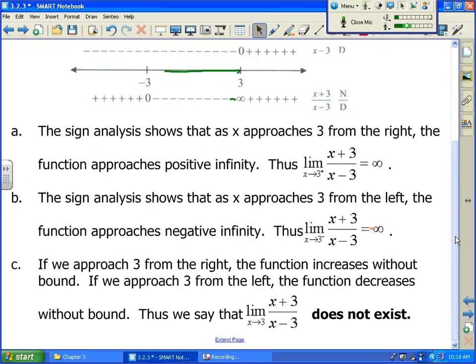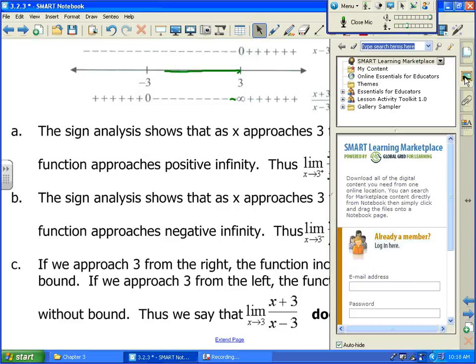I might have caught it before some of you printed, but if you haven't printed it, it will be on there now. But you should insert that negative sign with the infinity. And question C just goes on to explain that if your left-hand limit does not equal your right-hand limit, then our limit will not exist at that actual point.